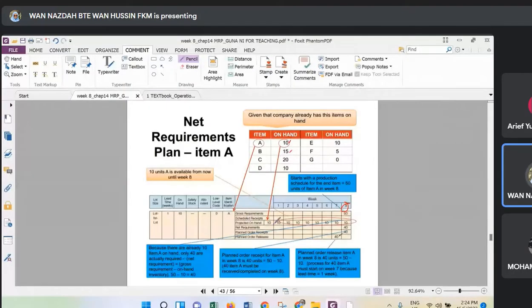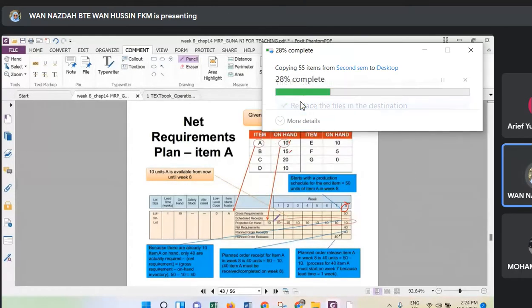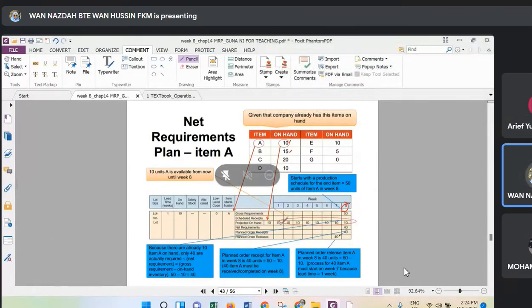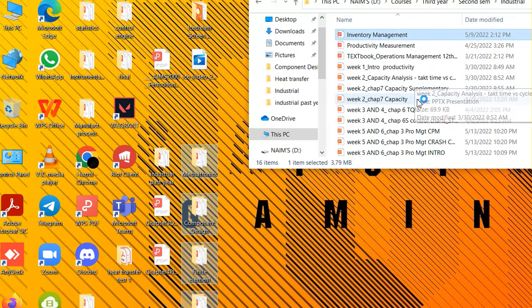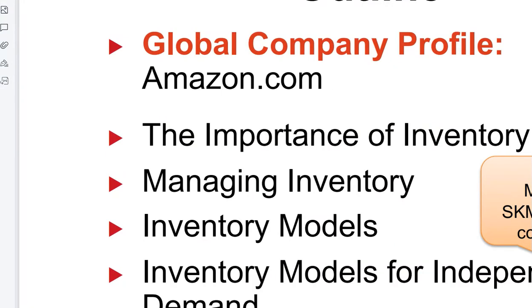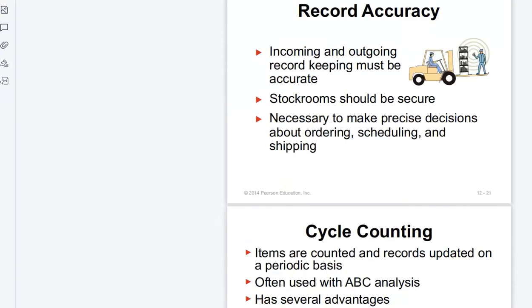So we put projected on hand is 10 dan you bawa benda ni sampai ke minggu ke-8. For this one it is assumed that on hand ni memang sentiasa wujud dekat kilang ni. So this is why you will see that A item is already there before you start. Yang ni kita assume macam tu.